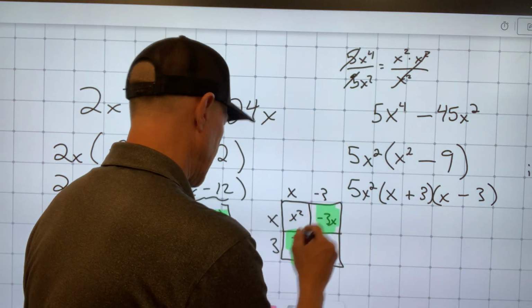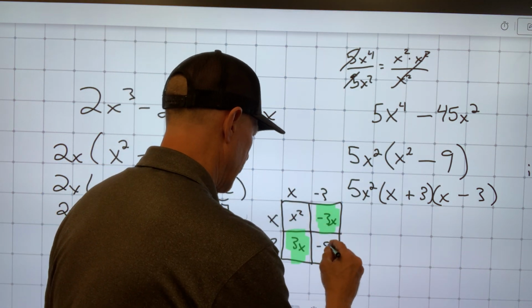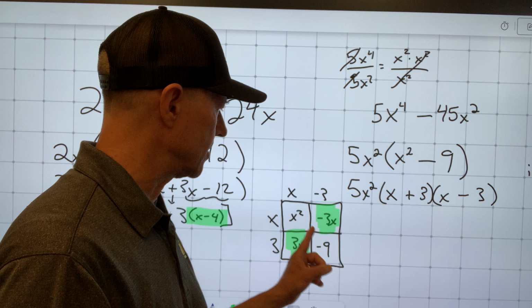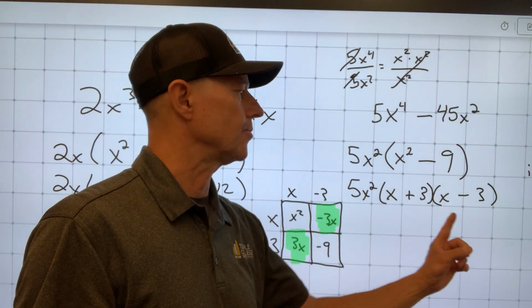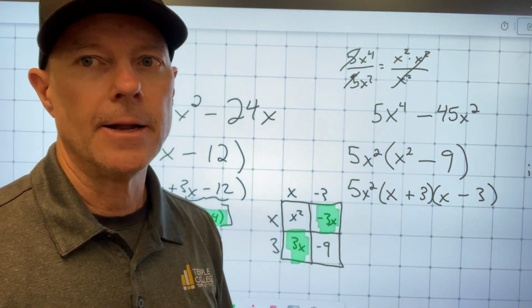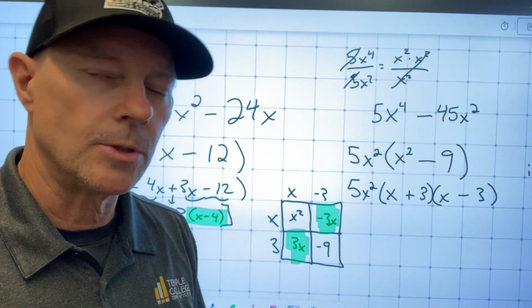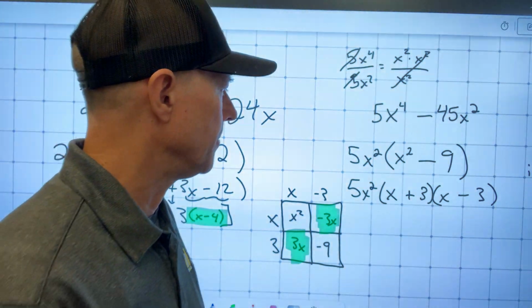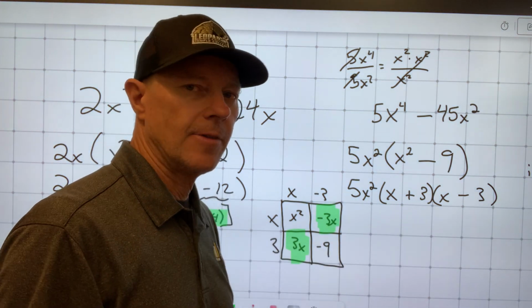Then 3 times negative 3 is negative 9, so the only terms left are x squared minus 9. So yes, x plus 3 times x minus 3 is equal to x squared minus 9. This is called the difference of squares rule. I'll make another video on it later, but there we have the factorization.